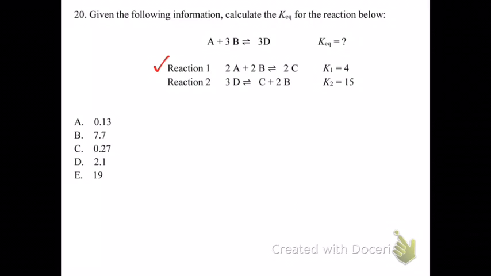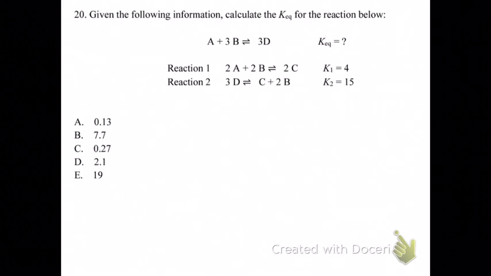We might need to play around with the coefficients, but for right now, the reactants and products are where they should be. Now, if we look at reaction 2, notice that D is a reactant here, but we want D to actually be a product. So that means that we're probably going to have to flip this reaction around, and that's exactly what we're going to do.